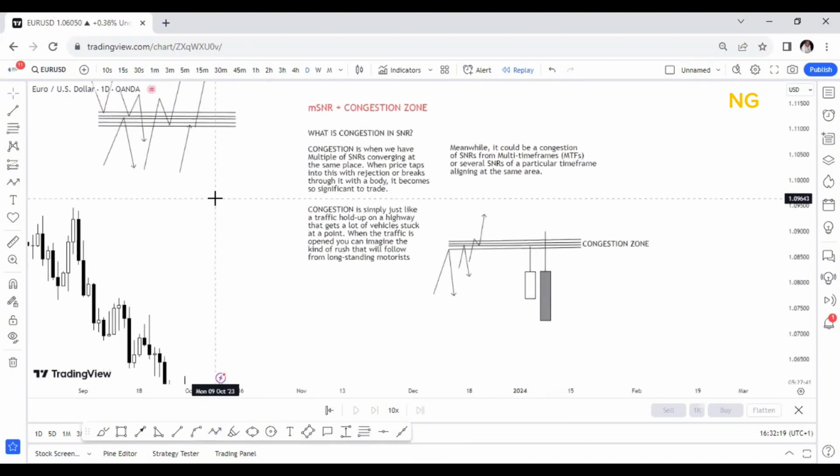It's simply like a traffic hold-up on an express highway that gets a lot of vehicles stuck at a point. When the traffic is opened, you can imagine the kind of rush that will follow from long-standing motorists who have been agitating for a way out.